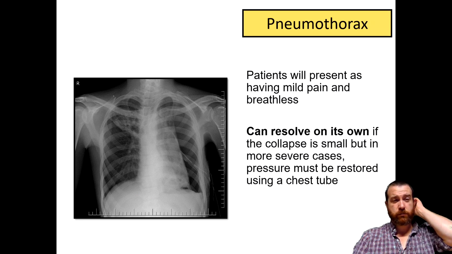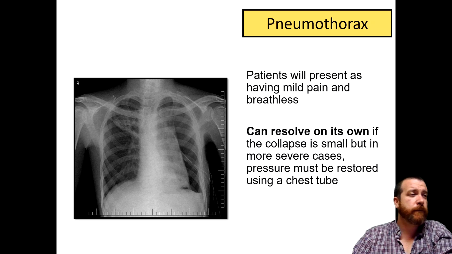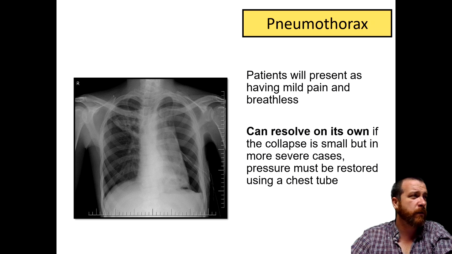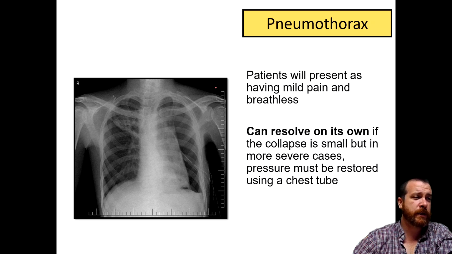This is going to hurt, but a lot of times patients don't really know that they have a pneumothorax unless they're putting their lungs under extreme pressure. They might feel like they are breathless or it's hard to breathe, again with varying degrees of severity. Most of the time, there's not any kind of intervention that we're going to do for an individual with pneumothorax.